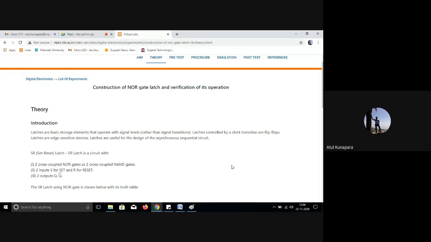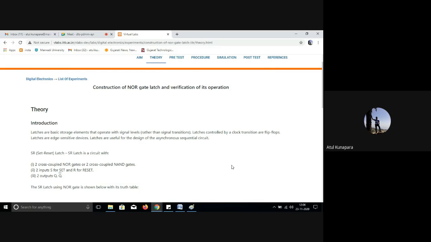Before we start to discuss this digital part, get familiar with this: there are two types of digital circuits. One is the combinational logic circuit, in which we have various combinations of logic gates. Like we have discussed half adder, full adder, half subtractor, full subtractor, multiplexer, demultiplexer, encoder, decoder.